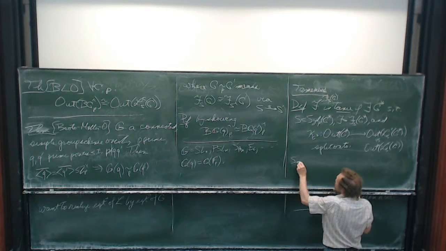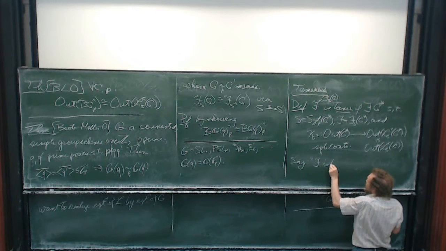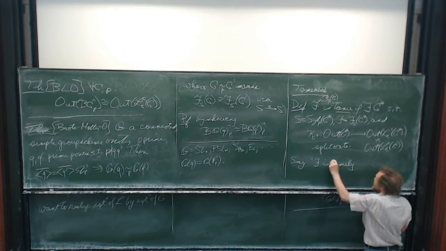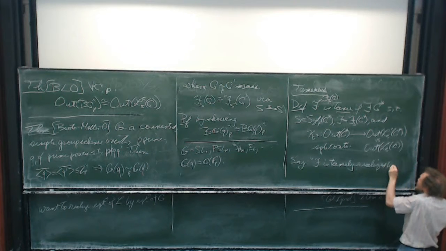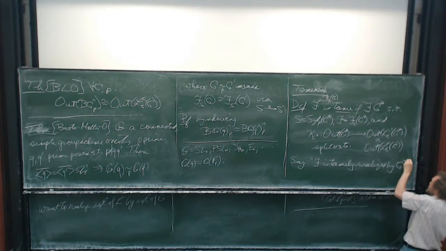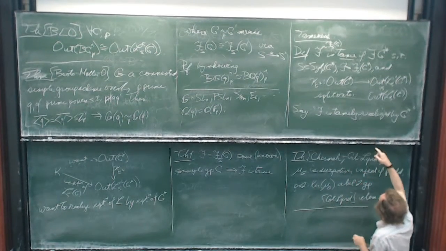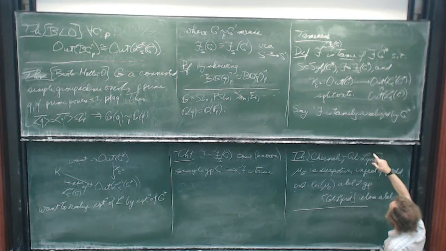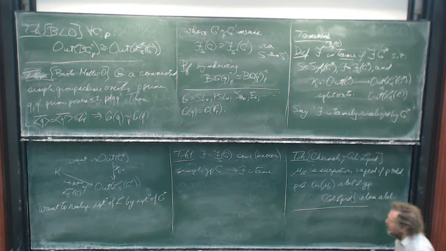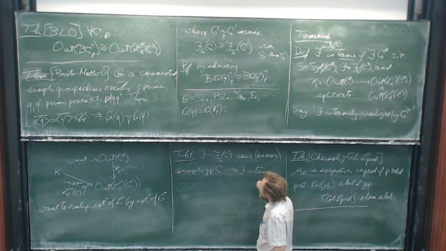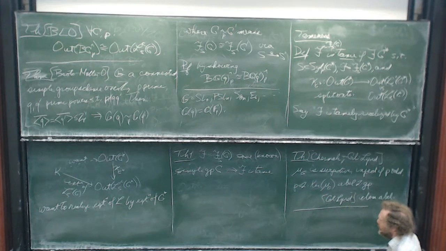We'll say that F is tamely realized by G star, tamely realized by any group with F as fusion system for which this kappa is split surjective. So in this case, F is tame. It might not be tamely realized by G, but it's always tamely realized by some group.